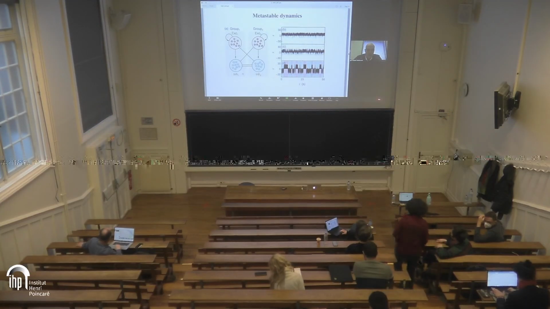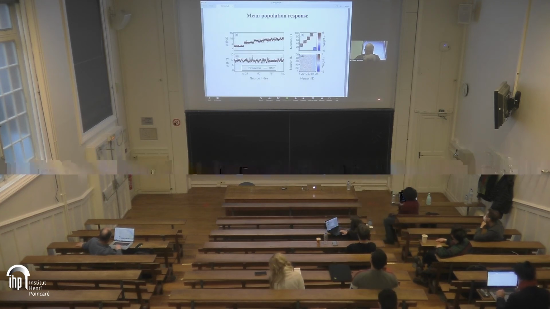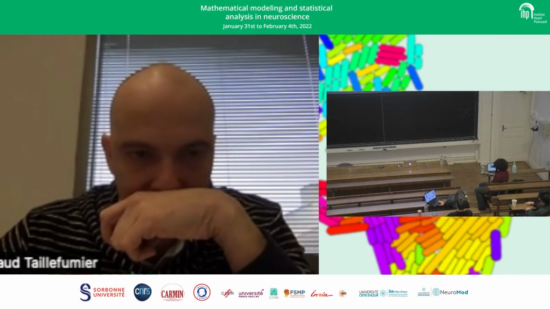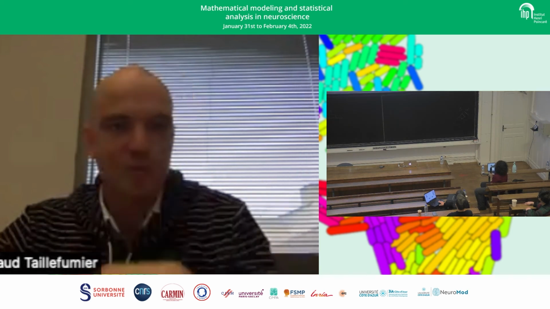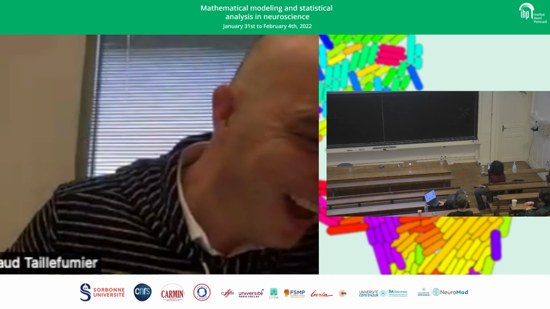Okay, there is a question on the internet. Bruno Cessac asks, how does your approach compare to the Faugeras-Maclaurin results on mean field recurrent models with correlated synaptic weights? Oh my God, that is way too precise of a question for me to answer.